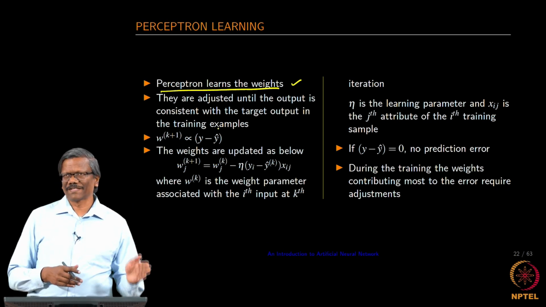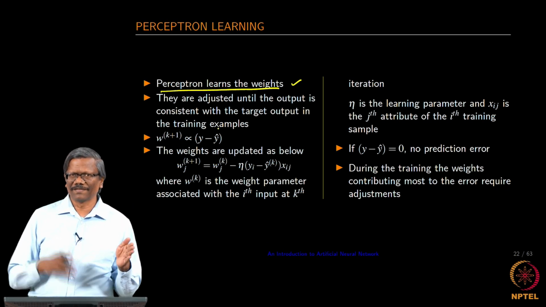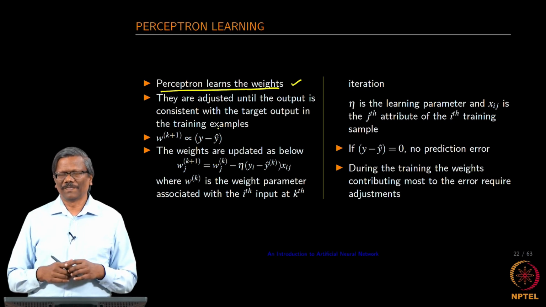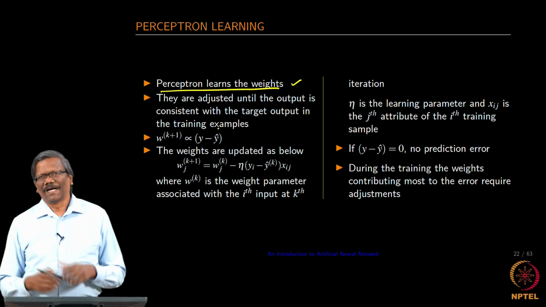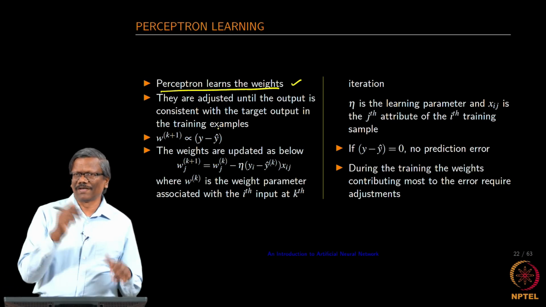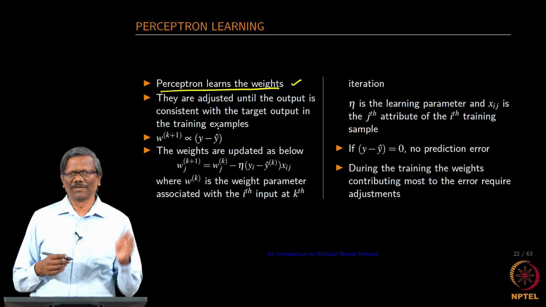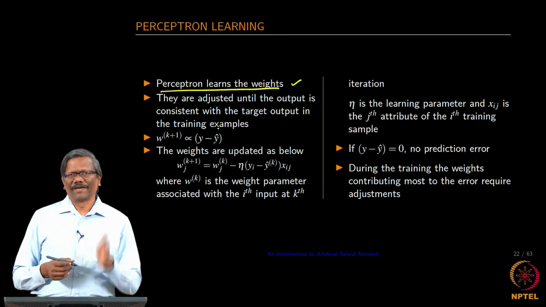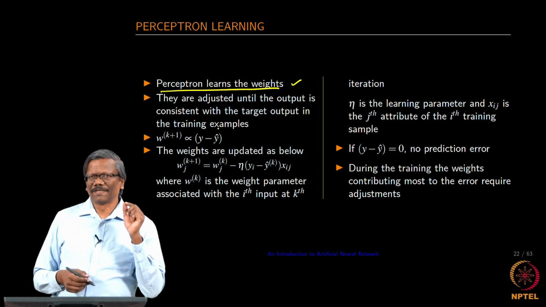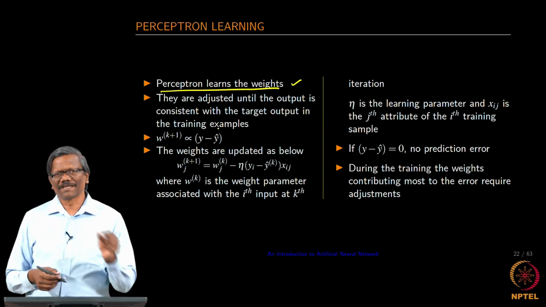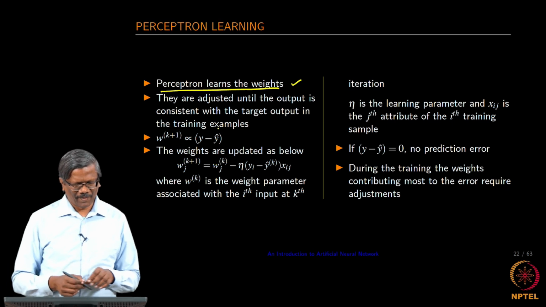Since we know the relationship between the input vectors and the output vectors, we are estimating the model, and the model parameters are here W and W naught. W is the weight connecting the input and the perceptron, and W naught is the weight connecting the bias and the perceptron. Okay.